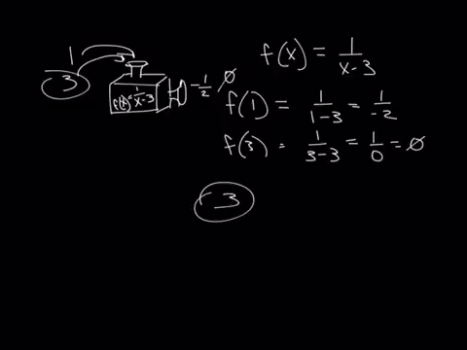It is not a possible number that I can put in the function machine because it gives me an undefined number. It gives me something that doesn't exist. So that's just important to remember that some numbers you put in the function machine, if they spit out an undefined number, then they're not in the domain. Okay, they're not possible numbers that are going to work with what you're doing with these problems.